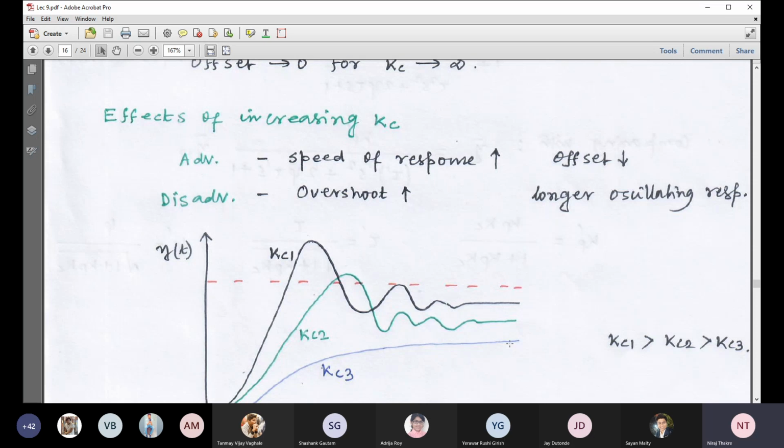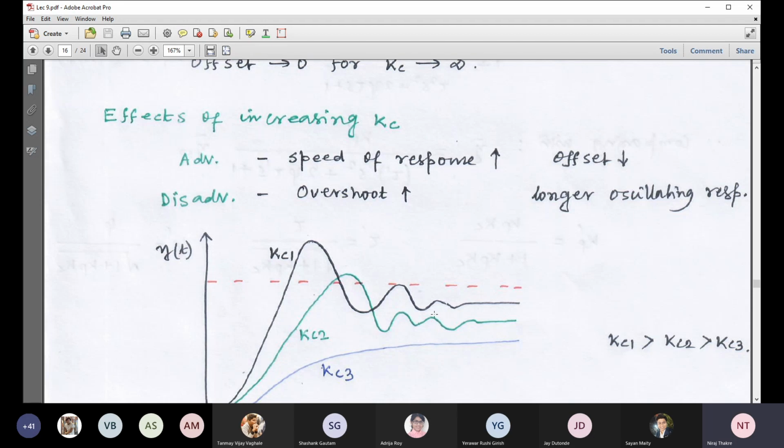And second one, you see the disadvantage: overshoot increases and longer oscillatory response. In fact, this last point, longer oscillatory response, is not very clearly reflected here.